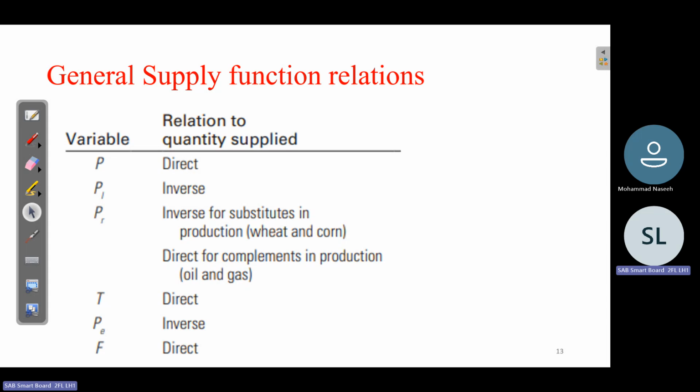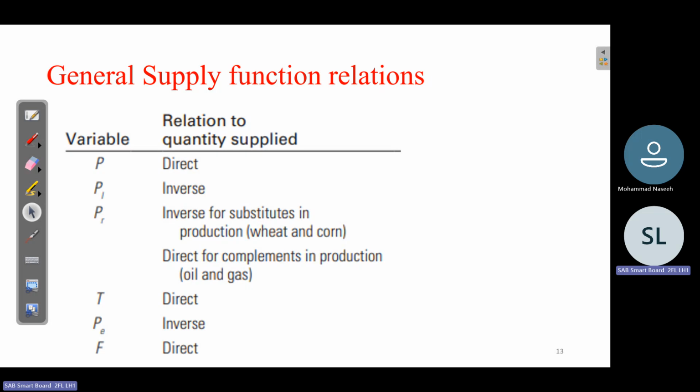When the number of suppliers increases, the number of units available in the market will increase.